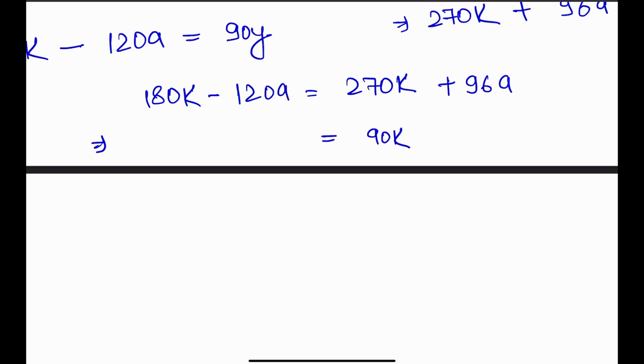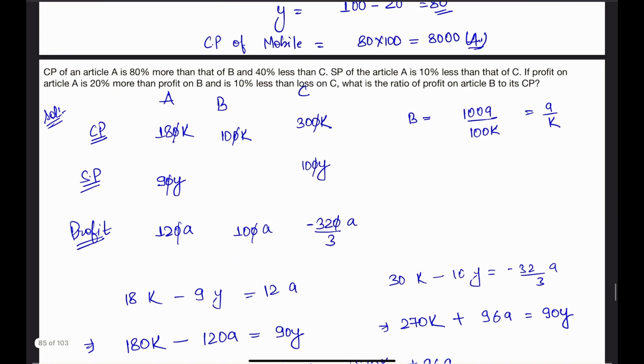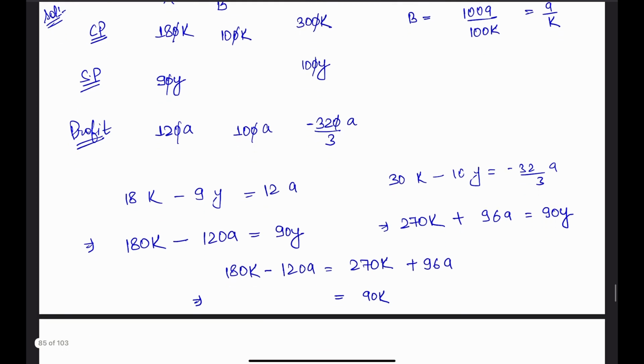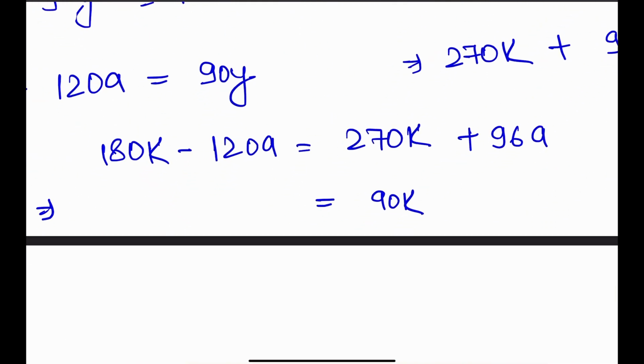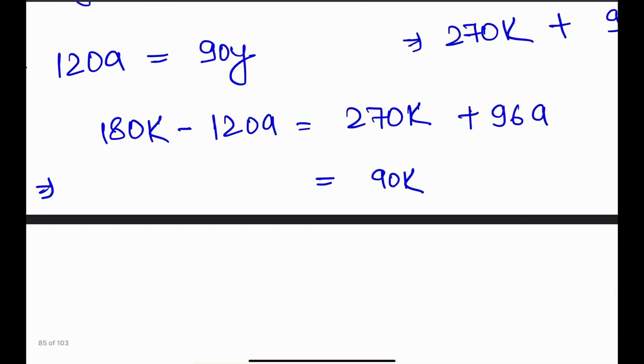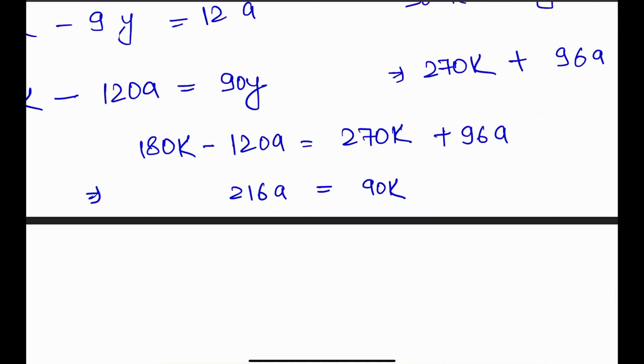this is coming in the minus, which means B is in the loss. But let's try. Yeah, of course it's coming in the loss form. 90K equals 216A with a minus sign.